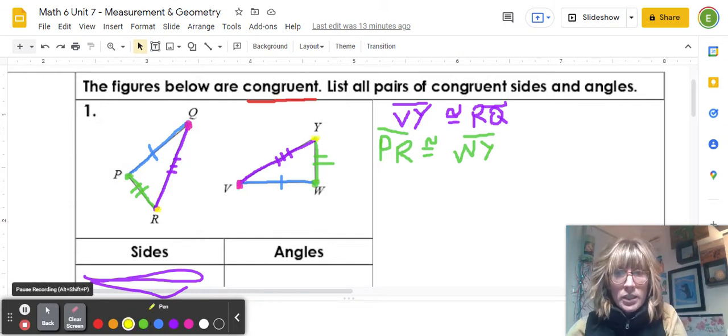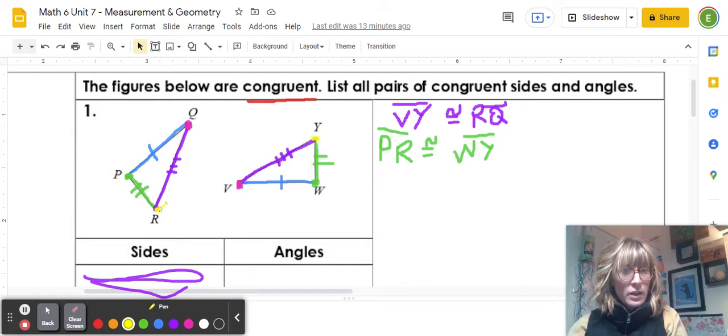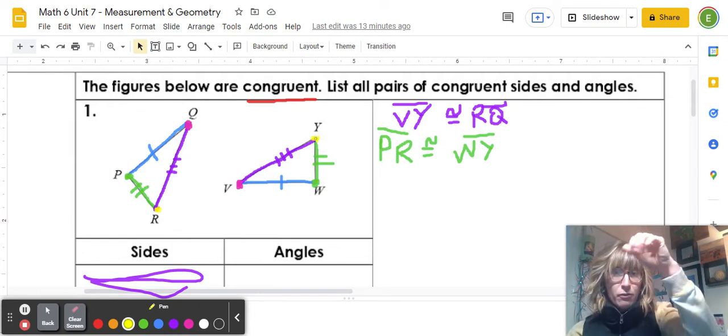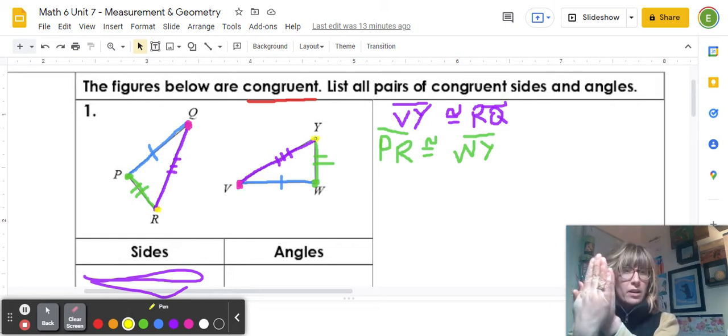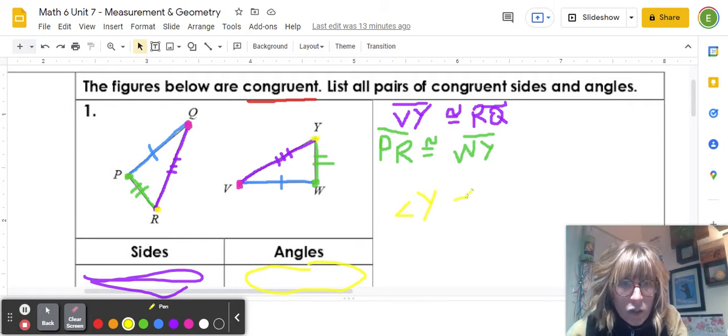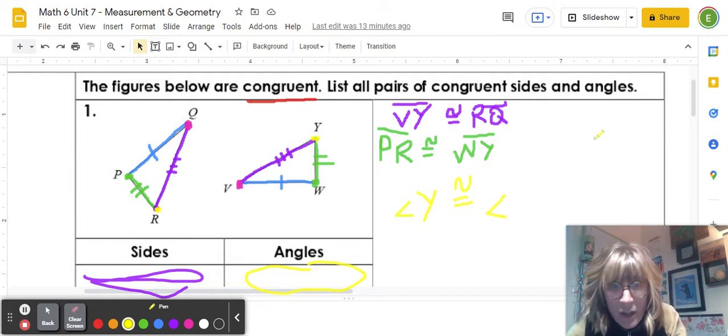So then what about our angles? Well, if we look at these dots, remember we found the dots that were matching up. We know that R and Y, we marked them with a yellow dot, implying that if we lined up those triangles and put them right on top of each other, they would be the same angle. So in your angle section, you could say that angle Y from this triangle is congruent to angle R over here.